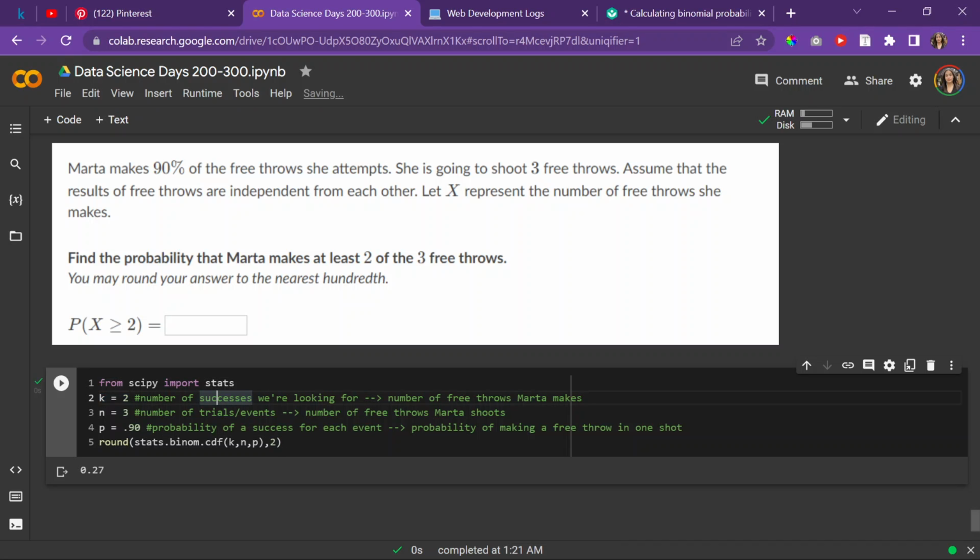So if you have any problem that wants the probability of a certain point x or k being greater than a certain number, then you would have to do 1 minus that, because CDF calculates the probability of anything less than or below a certain point.